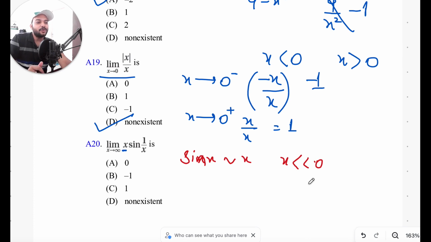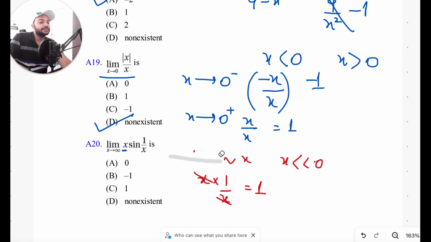For very small values of x or angle, the sine of the angle is approximately equal to the angle itself. Going by that rule, you can say x times 1 over x, because 1 over x is really, really small in terms of the angle value. So this becomes a 1 directly. It'll become a 1. That's one way to do it.